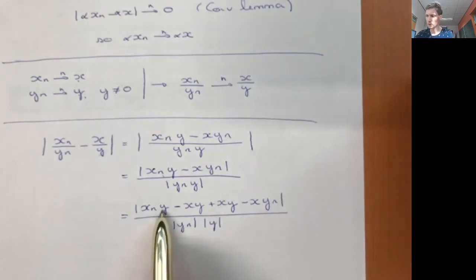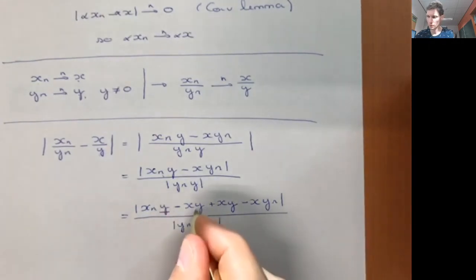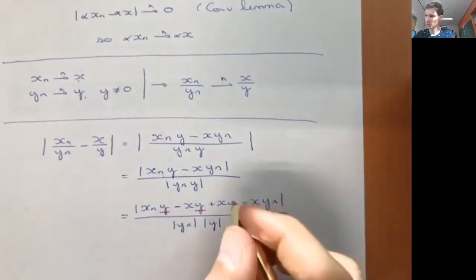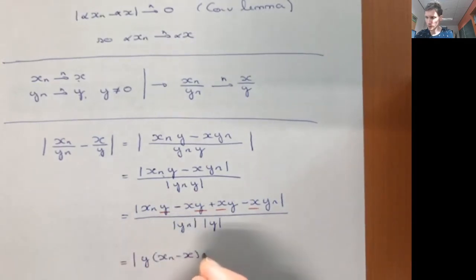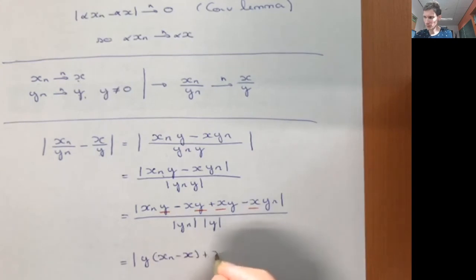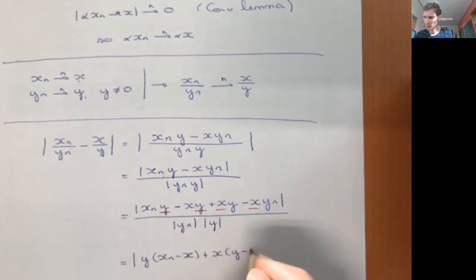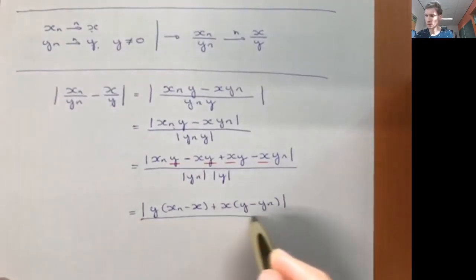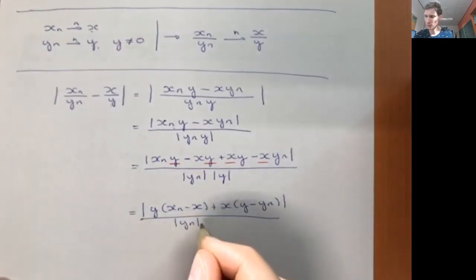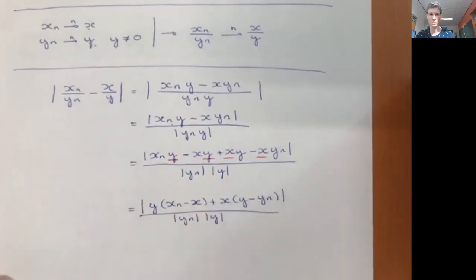Here we take the y's together, and here we take the x's together. So this gives us the absolute value of y times (xn minus x) plus x times (y minus yn), divided by the absolute value of yn times the absolute value of y.